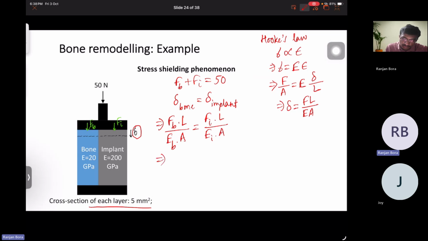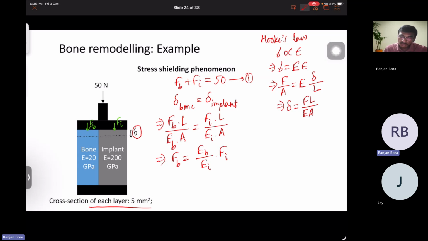So FB equal to EB divided by EI times Fi. Now we can use this equation 1.